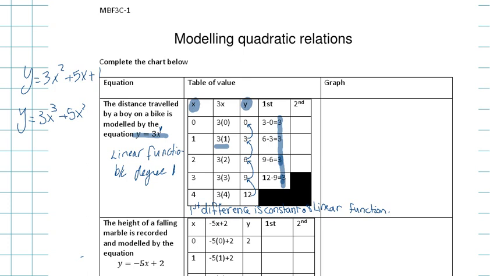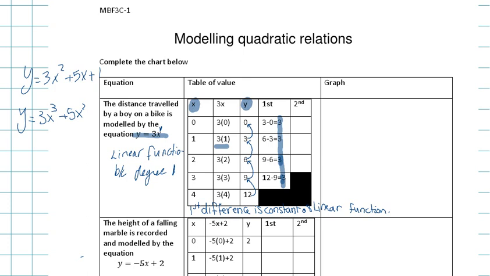We all understand that? Okay. If I'm given a table of values, I have to do my first difference. If my first difference is constant, then it's linear, and I stop. I say it's linear because the first difference is constant. This is my therefore statement.